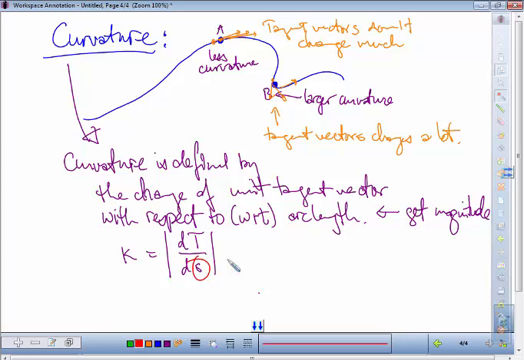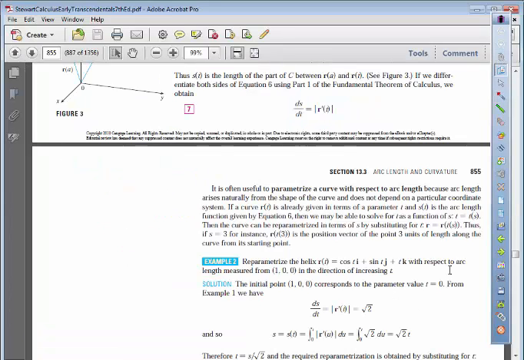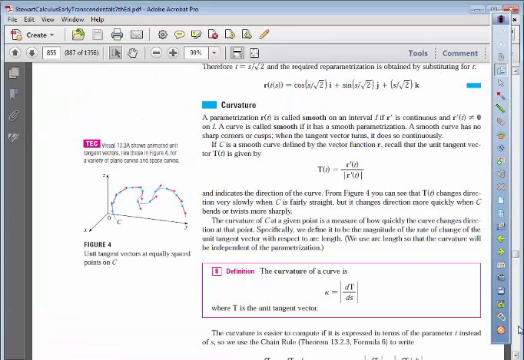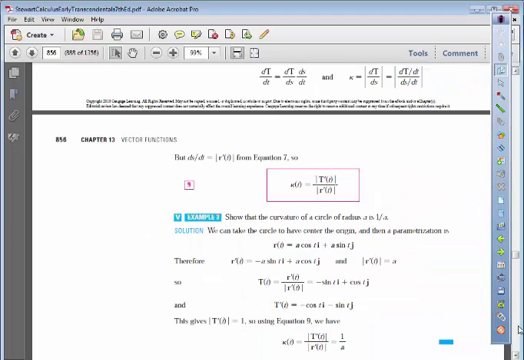All right, so we need another formula for this, and the other formula will just require us to use some derivatives. I don't have it off the top of my head, so I have to look at the book.